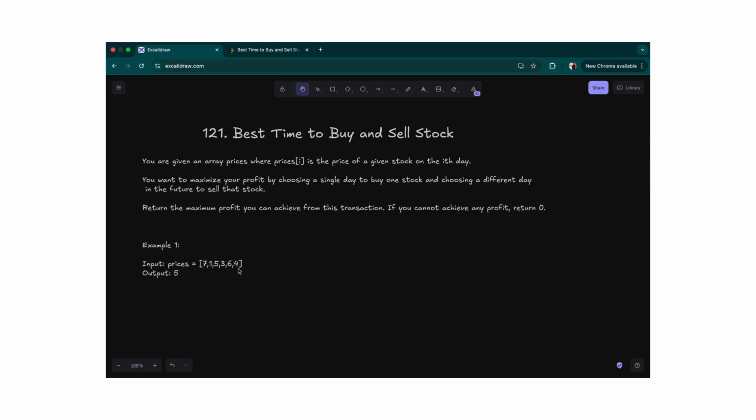So basically, here we can see that if we buy on the first index, that is 1, and we can sell on the fourth index, that is 6, and then we can subtract it, so the output will become 6 minus 1, that is 5. So basically this approach we have to use.